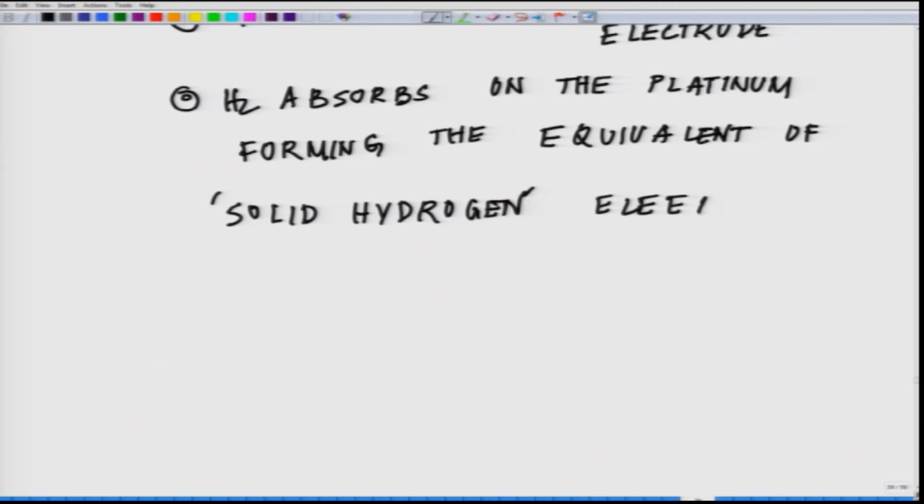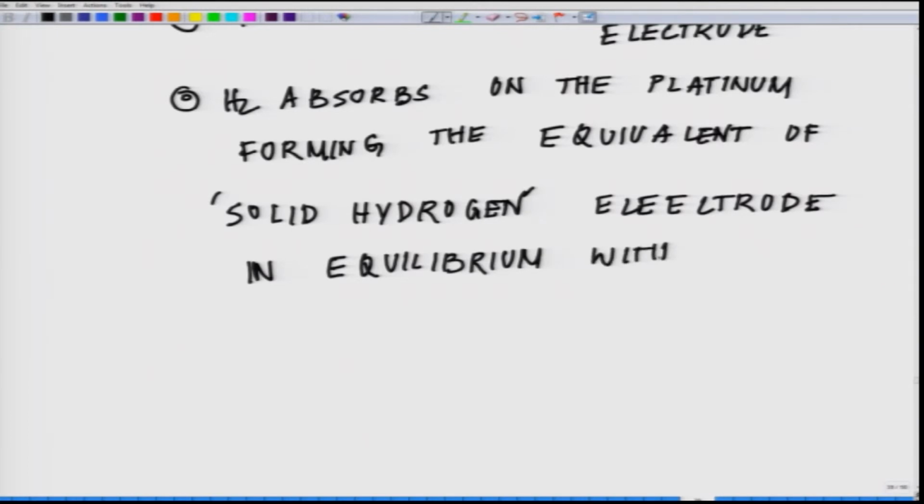And this next point is very important: the solid hydrogen electrode is in equilibrium with H plus.